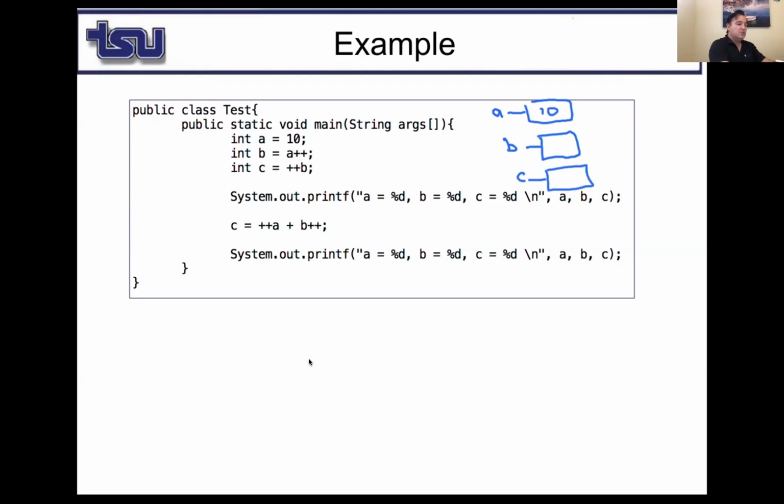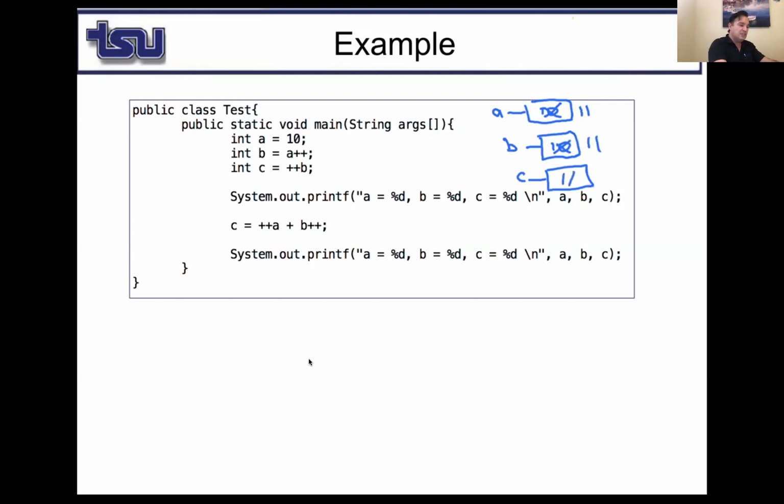First use A. Using A in this context means assigning A to B. So before I increase A, first I'm going to assign A to B. That means B will be 10 as well. Then A becomes 11. How about this one? This means first increase B and then use it. Using means assigning B to C. But before I do that, I have to go and increase B by 1. B is 11. Then I will assign it to C.